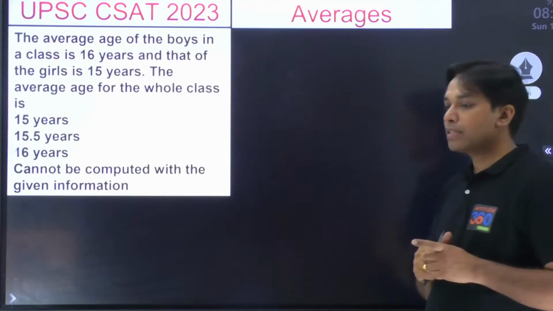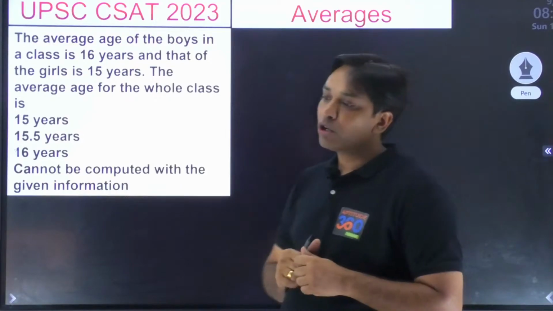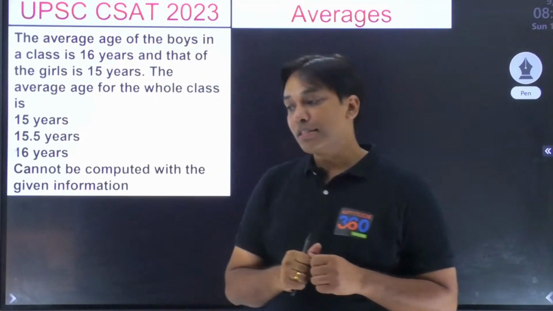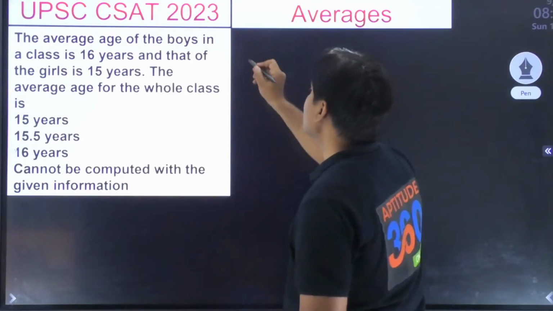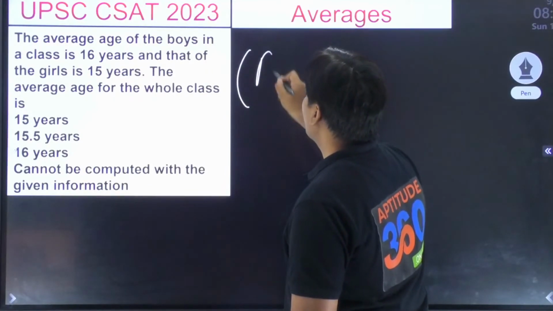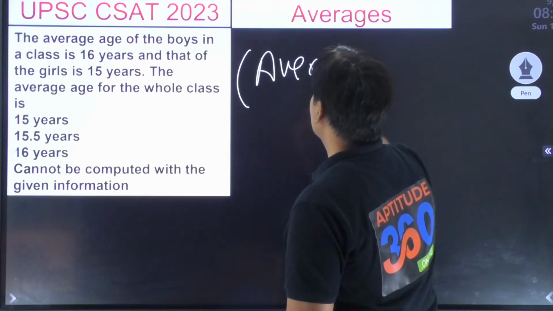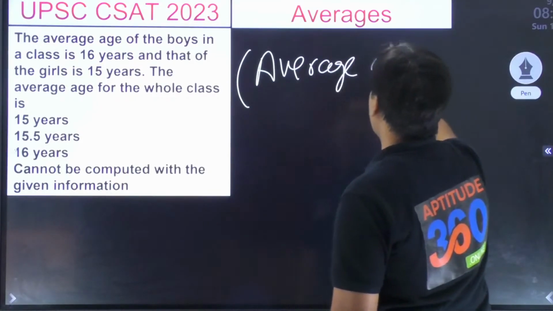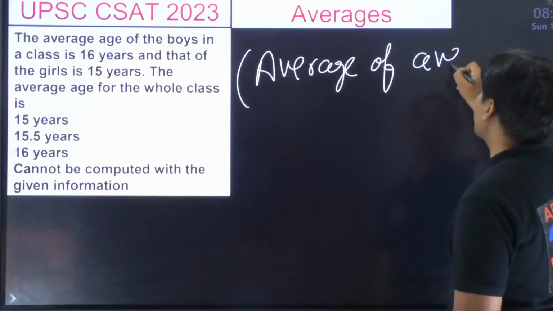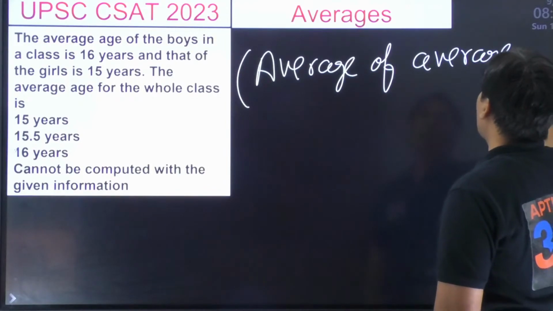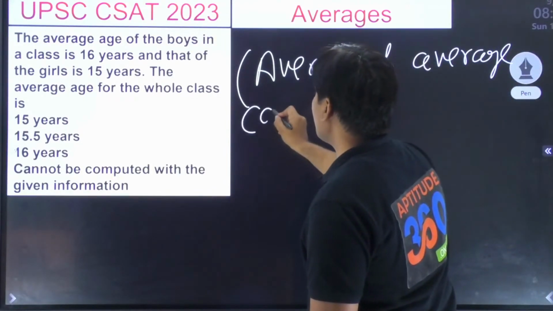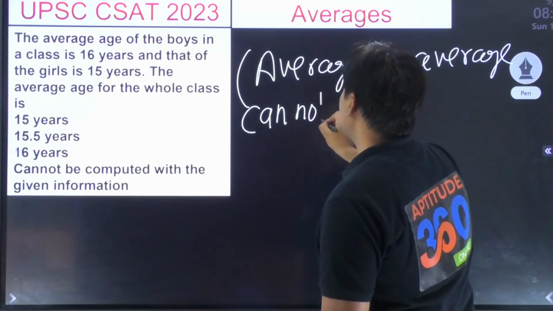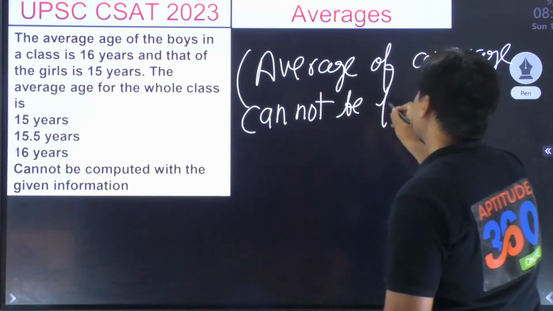Manoj says D, Rohan says D, Muskan says D, Aradhana says D, because one very important learning, people: average of average cannot be found out.